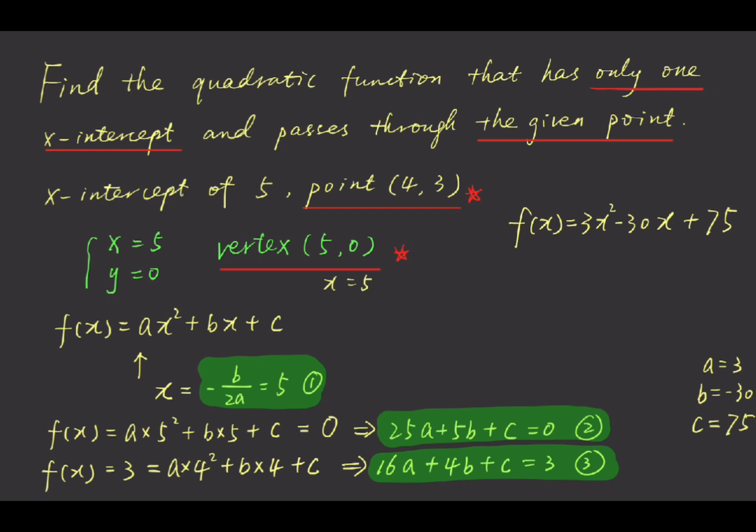This is the quadratic function which has only one x-intercept and passes through the given point. That's it.